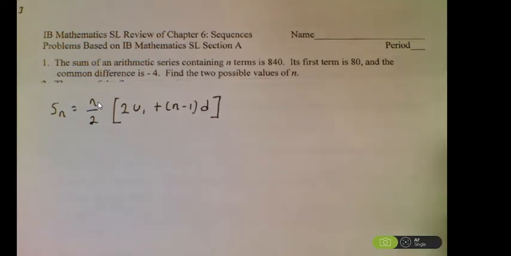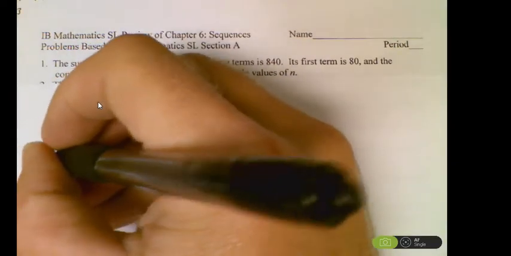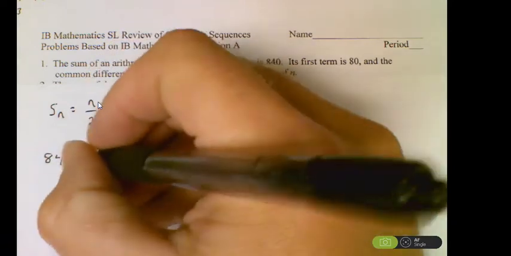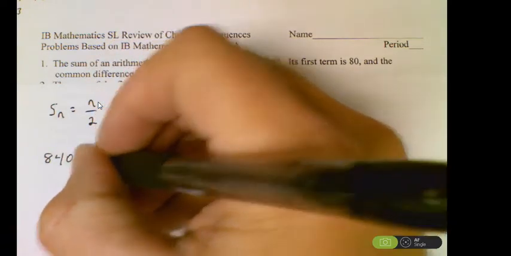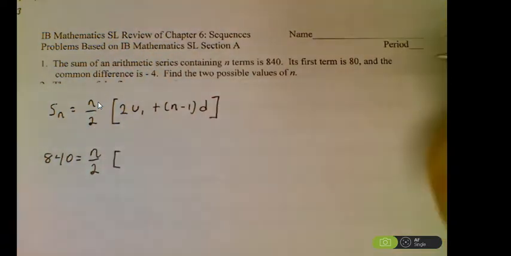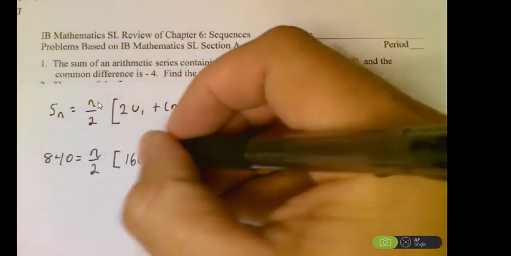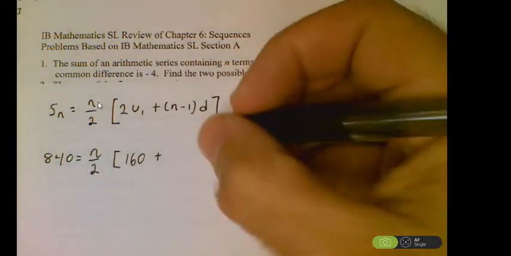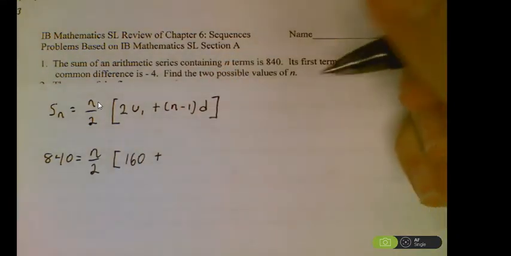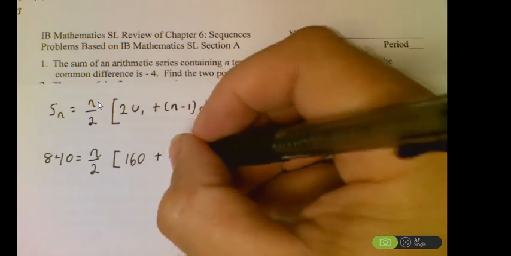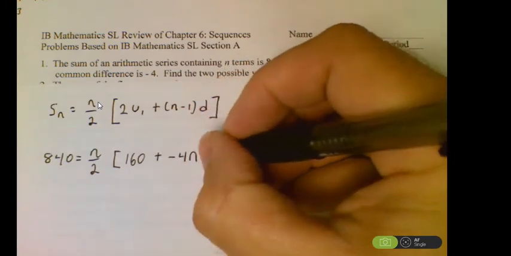We'll start plugging in the info. We know the sum was 840, and we don't know the number of terms. We know our first term was 80, so 2 times 80 for that first part. Then right here, I'm going to distribute the common difference of -4, so -4n plus 4.